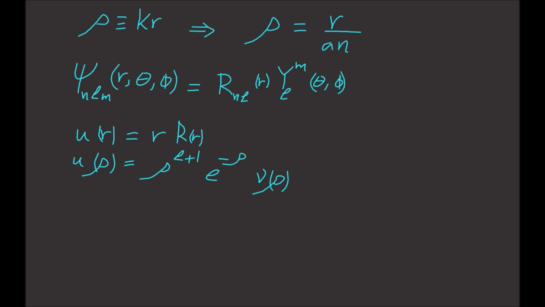So R of n and l is now equal to 1 divided by r times rho to the l plus 1 e to the minus rho times this function nu of rho. Let's give this equation a number. Let's give it equation number 31.